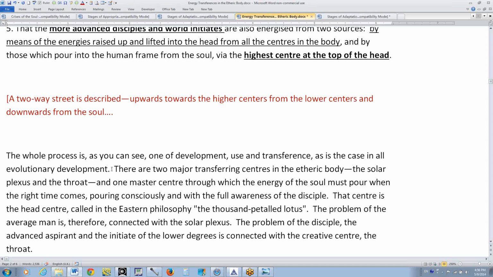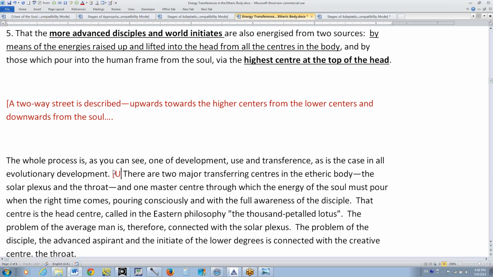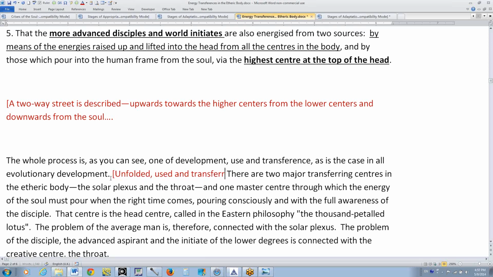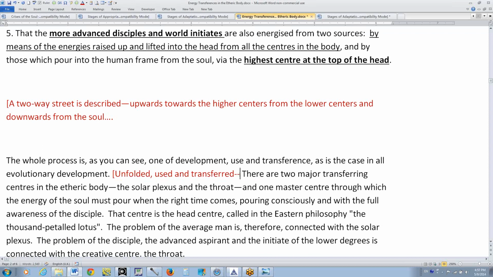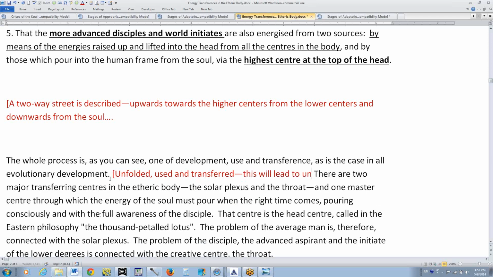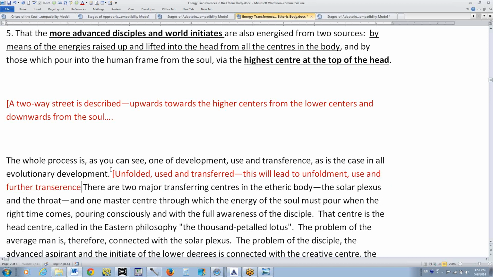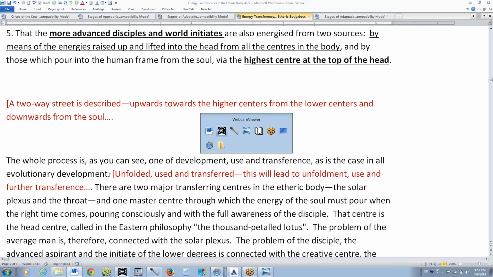Something has to be unfolded, it has to be used, and then transferred. So unfolded, used, and transferred, and then as it's transferred, it will lead to unfoldment, use, and further transference, and on and on and on, because that's the way it goes.